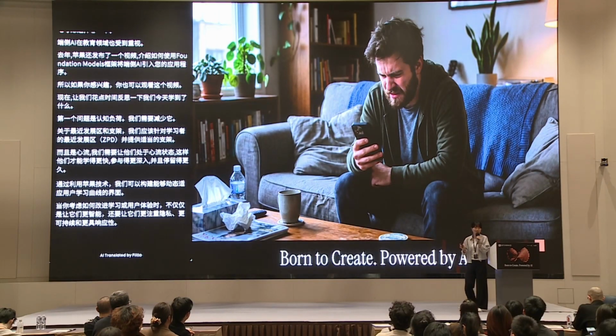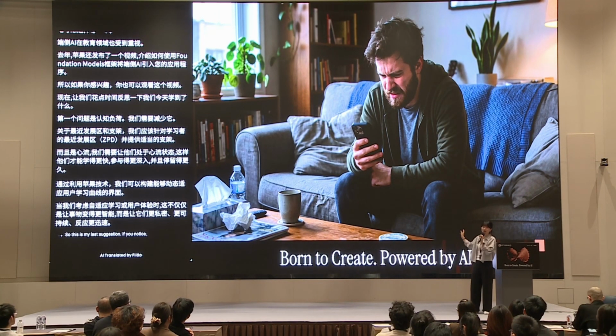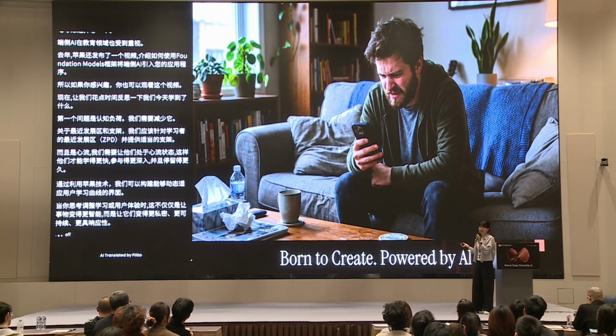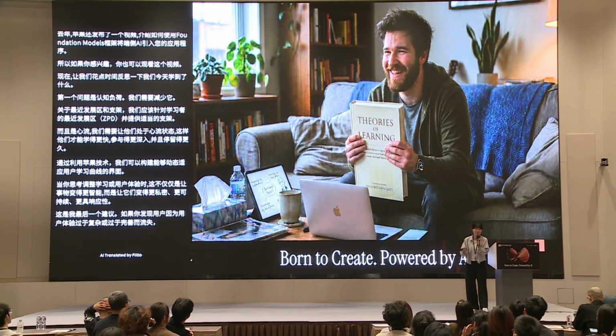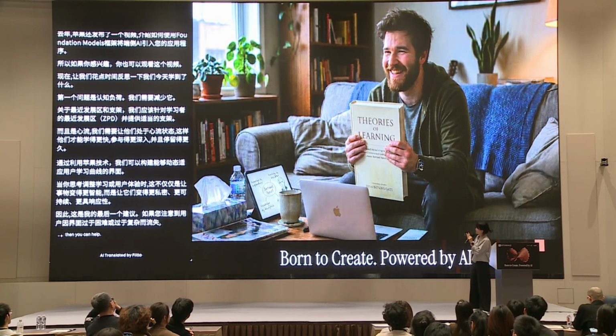So this is my last suggestion. If you notice your users dropping off from too difficult or too complicated UX, then you can help them by designing adaptive UX through learning theories and AI.